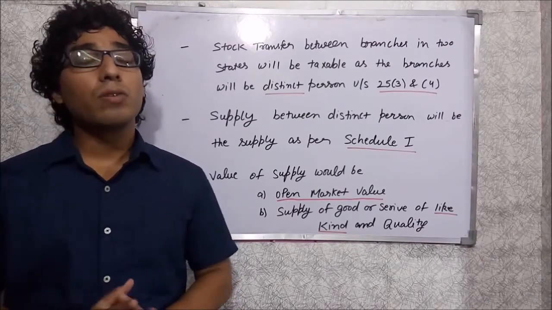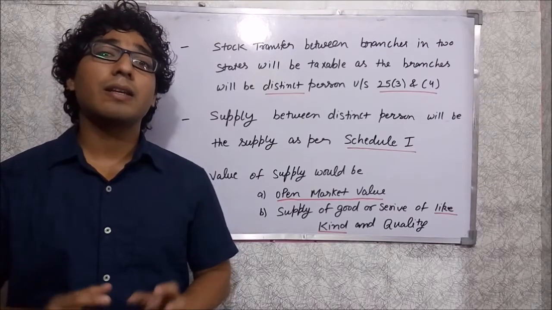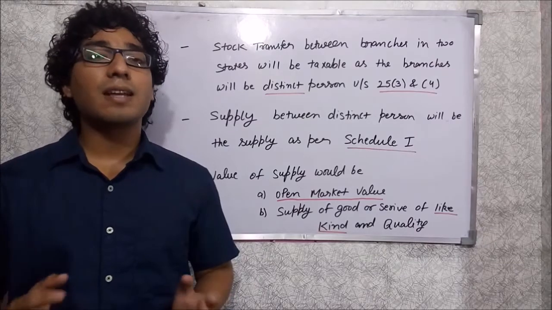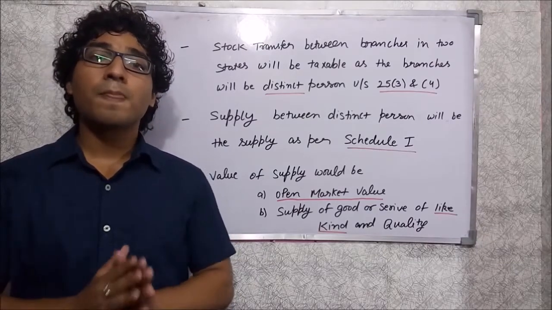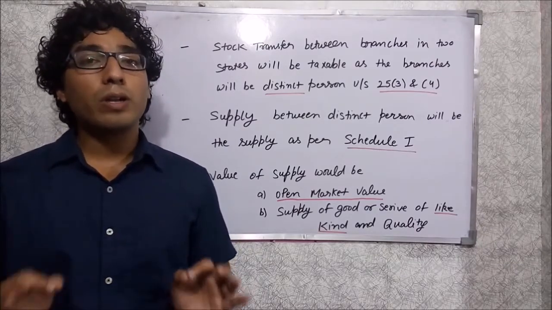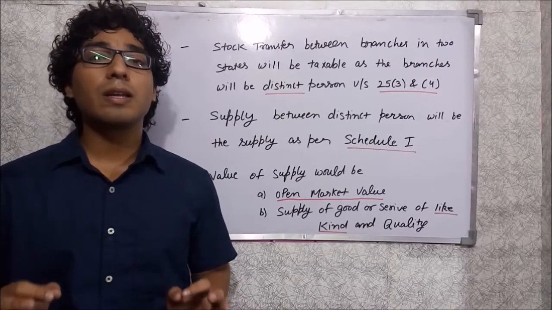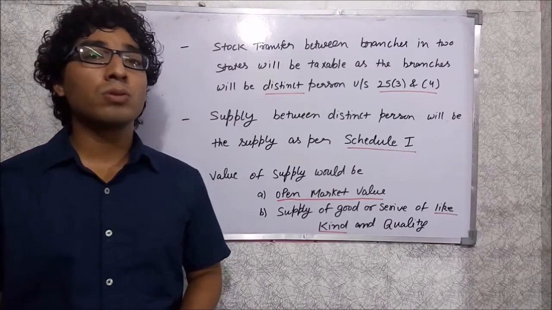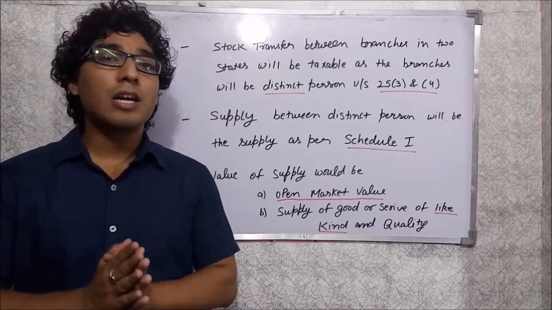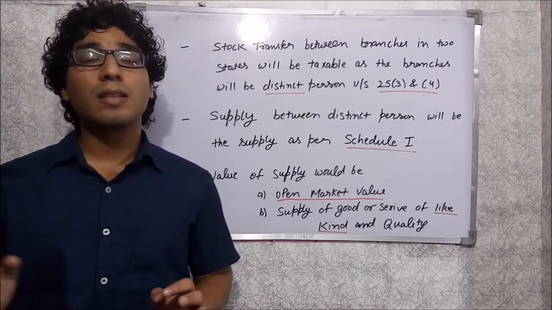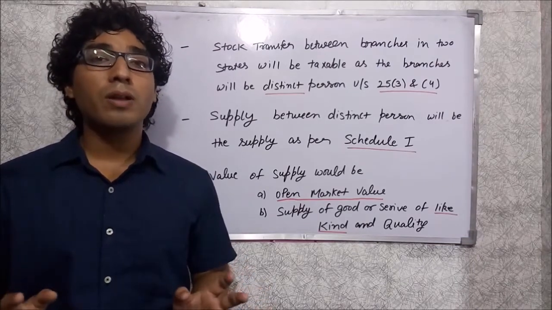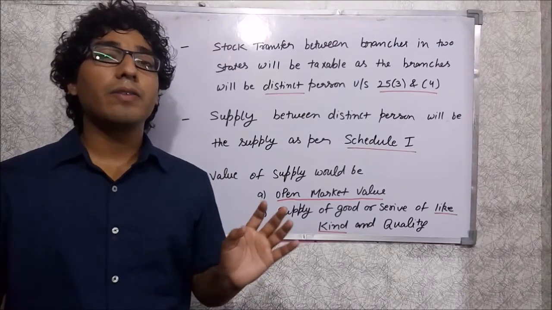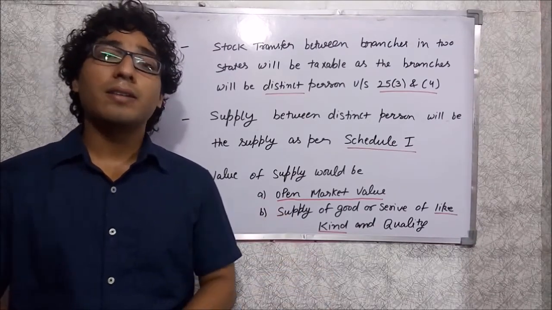So the answer to the first question, whether there is taxability for the branch transfer, the answer is yes, it is taxable under GST, because you know that under section 22 the person has to register in every single state from where he makes taxable supply of goods or services. And in terms of section 25 subsection 3 and 25 subsection 4, the persons who are situated in different states will be treated as distinct persons.